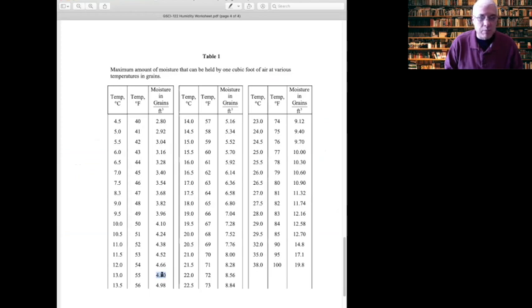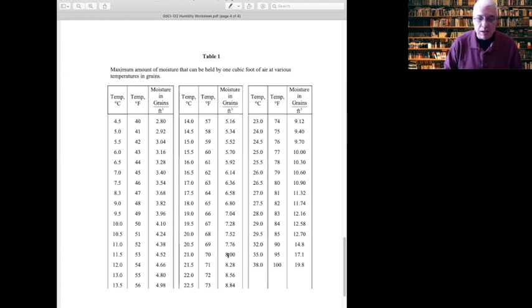Now we could measure pounds per cubic foot of water or grams per cubic foot of water. We're going to use a term called grain, and it's 4.8 grains. The other measurement that we took was 70 degrees Fahrenheit or 21 degrees Celsius, and the value there is 8. So we're going to have a value of 4.8 and we're going to have a value of 8.